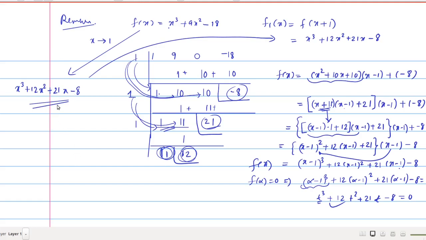Okay, so please go through it, and I have discussed a new method to find the new equation by replacing x by x plus 1 or x by x plus 2, x plus 3 also. Okay, or diminishing the value of root by 2, 3 respectively.